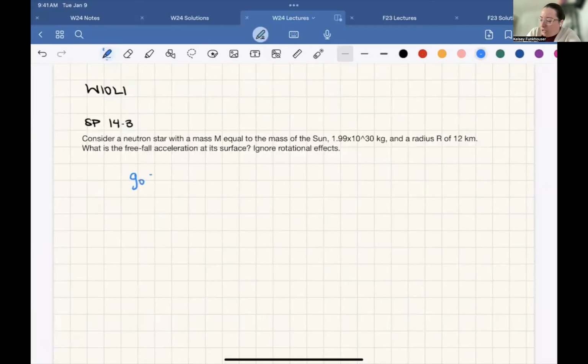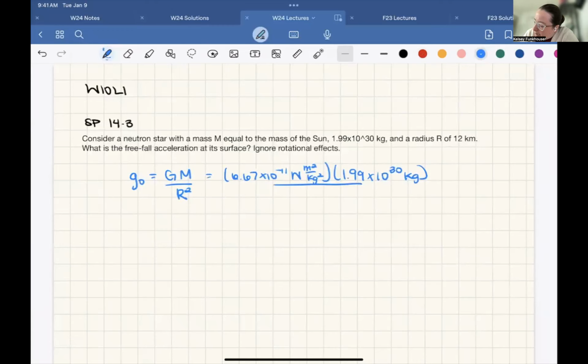So remember, the equation g equals G naught, a gravitational constant, times the mass of the object, over the radius of the object squared. So 6.67 times 10 to the negative 11 newton meter squared per kilogram squared times 1.99 times 10 to the 30 kilograms, all divided by 12 times 10 to the 3, so that I get it in meters, squared.